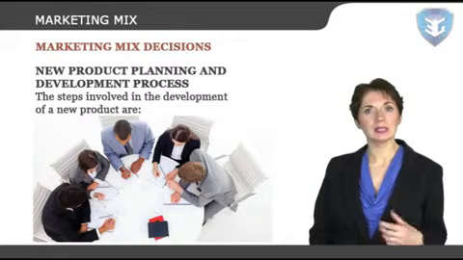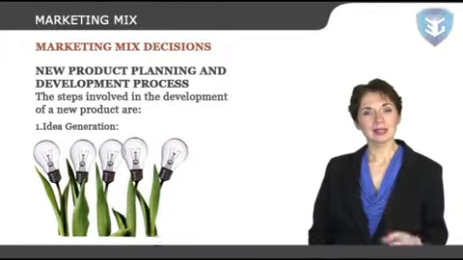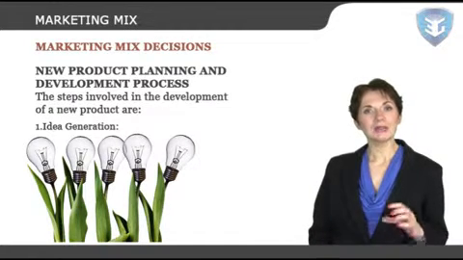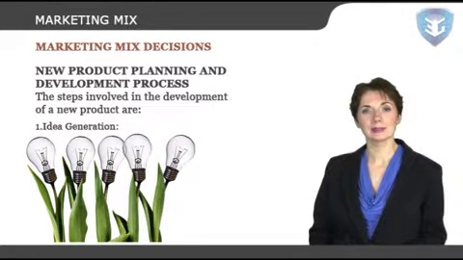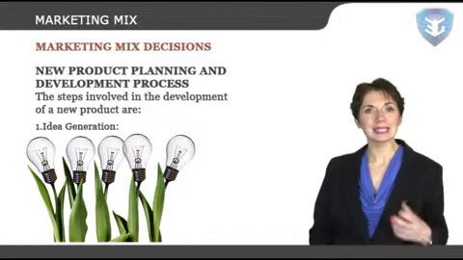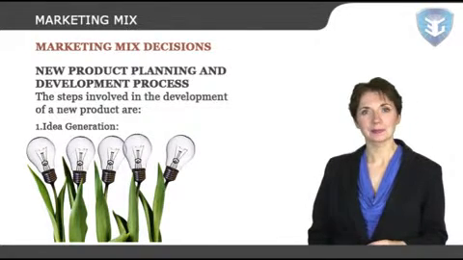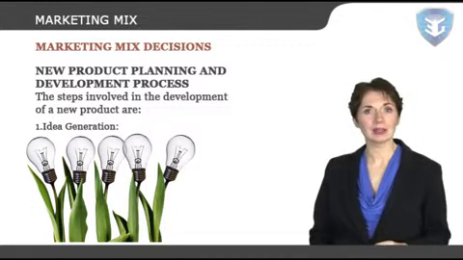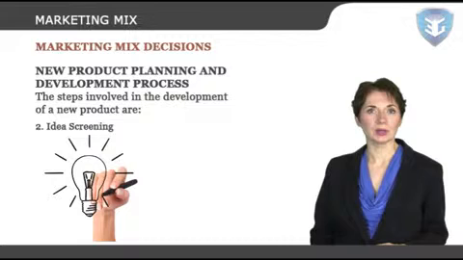The steps involved in the development of a new product are idea generation, conducting marketing research to find out the consumer's needs and wants, inviting suggestions from consumers, inviting suggestions from employees, brainstorming suggestions for new product ideas, searching in different markets, namely national and international markets, for new product ideas, getting feedback from agents or dealers about services offered by competitors, studying the new products of competitors.